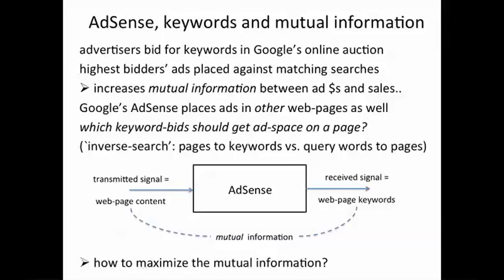So the question now reduces to how to maximize the mutual information between the words on one side and the words that you want to receive on the other. And that would define the way you would design an AdSense channel. Of course, you might notice that we haven't yet defined what exactly is the technique to compute the mutual information.